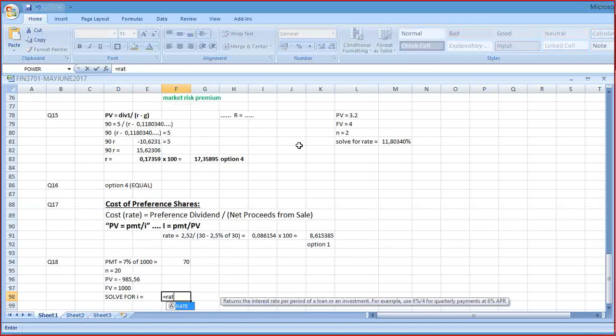This is the one that always gets me, solving for the I. PV is negative, because it's your initial investment. That's what I always do: I don't enter the negative, and that's why I never get it right.